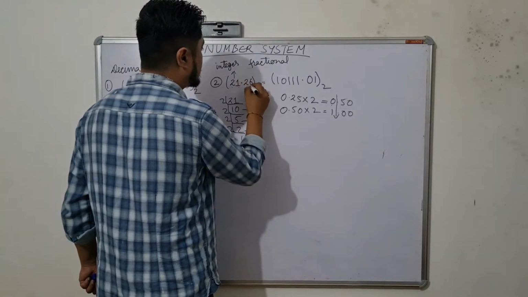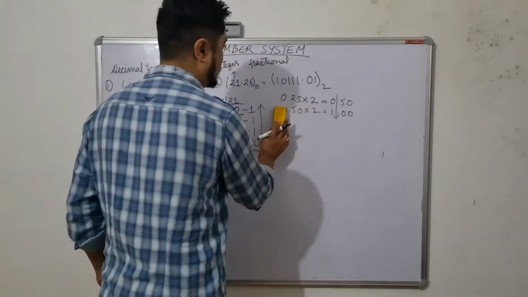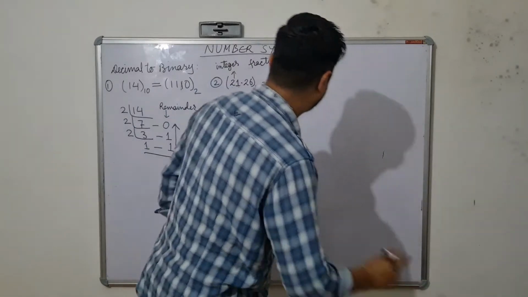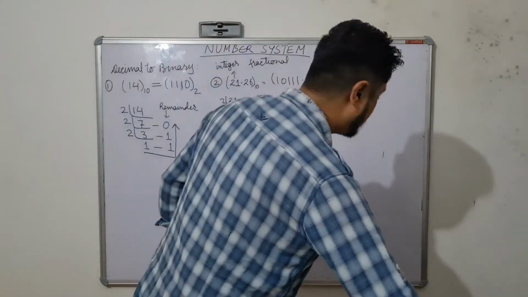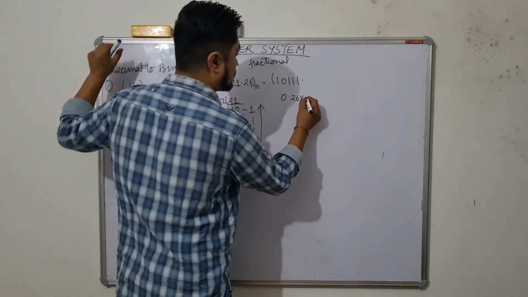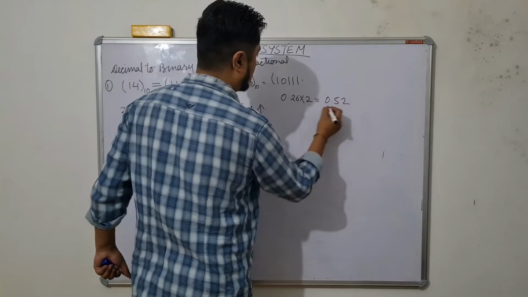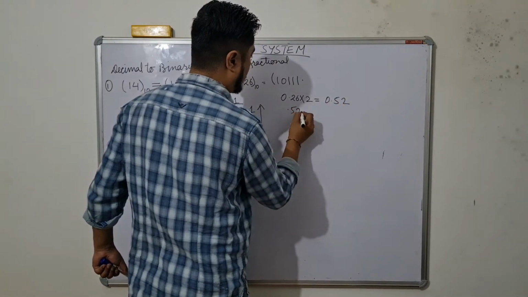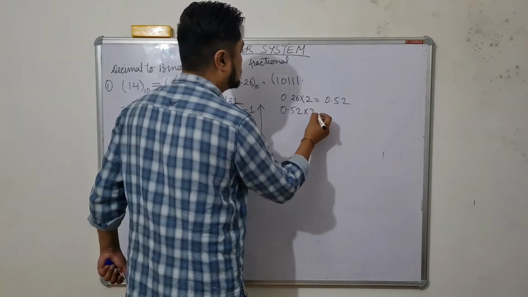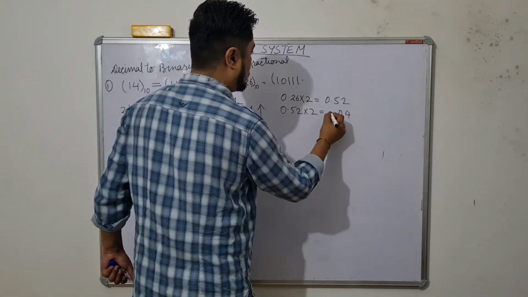I'll take 26. Into 2. 0.52. Nothing is there, so I am putting it as 0, but not this 0. 2 5s are 10.